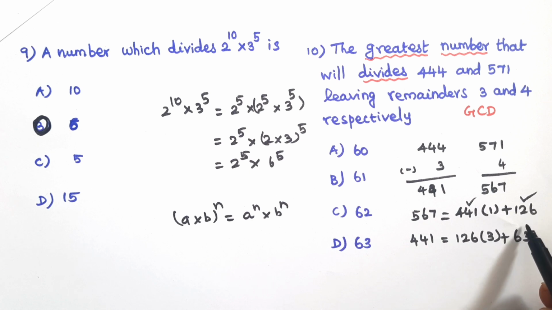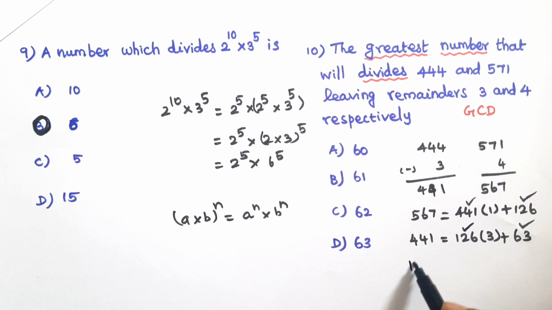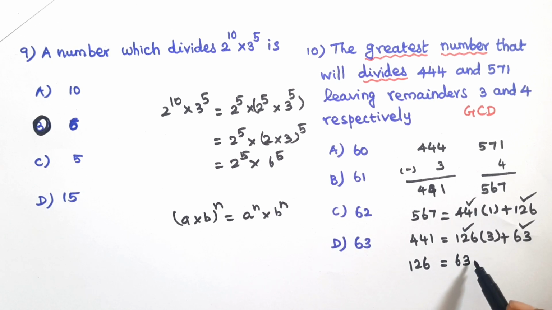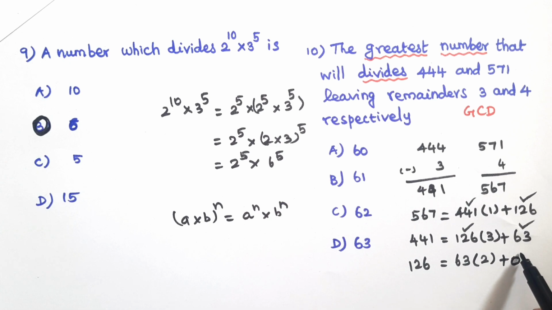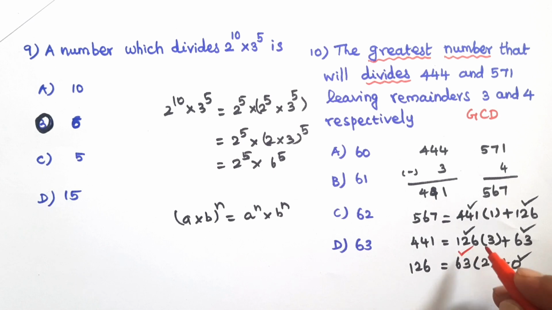The remainder is also not 0, so move to the next step. 126 is the A value, 63 is the B value. 63 into 2 times, remaining 0. The remainder is 0, so we get GCD is 63.